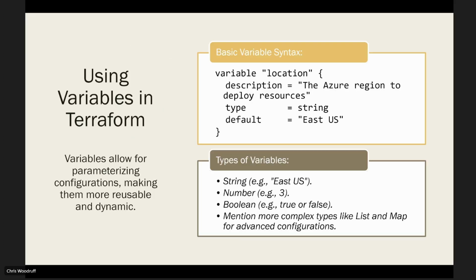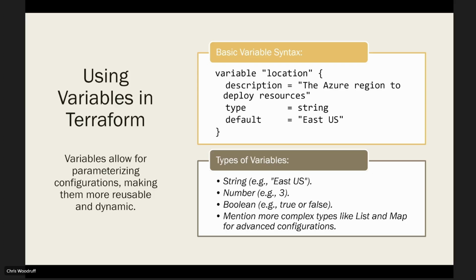So variables. We'll look at variables a little more in some other slide decks, but I wanted to show variables, how you set them up, what you need to have in them. For this, I have a location variable, which is going to tell me what Azure location this project is using.